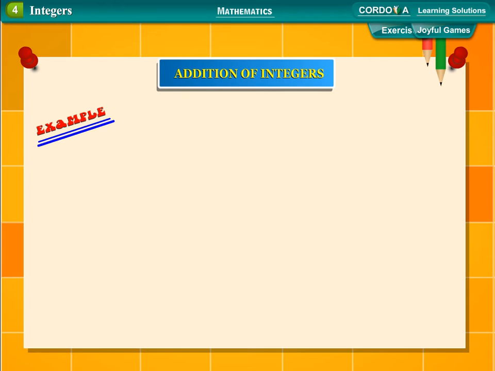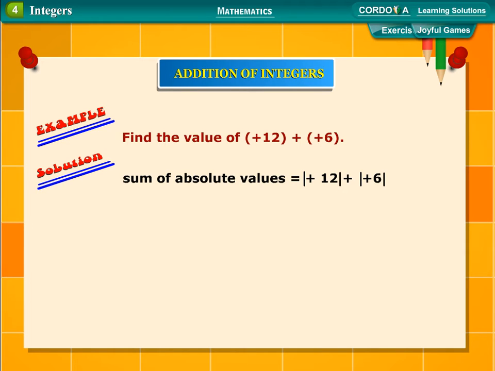Example: find the value of +12 plus 6. Solution: sum of absolute values is equal to mod of +12 plus mod of +6, which is equal to 12 plus 6, which is equal to 18.